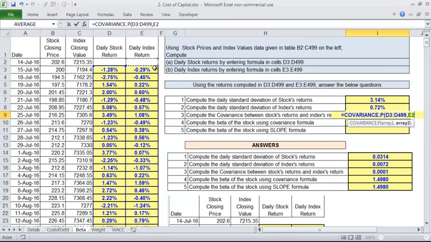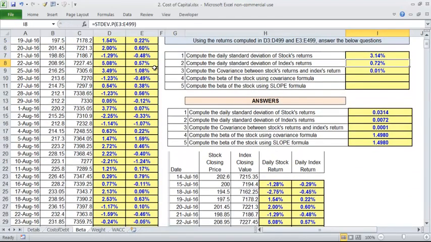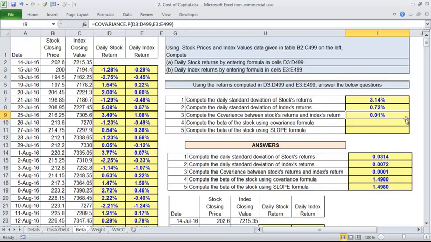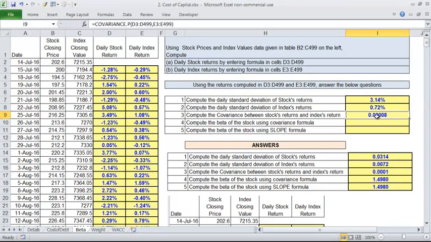The second is for the daily index return, control shift down, and we'll press enter. So the covariance, please note, comes as a percentage. We should not think of this as a percentage, but let's say we take it as a number, because covariance is actually percentage squared. So this is the covariance between the stock and the index return.